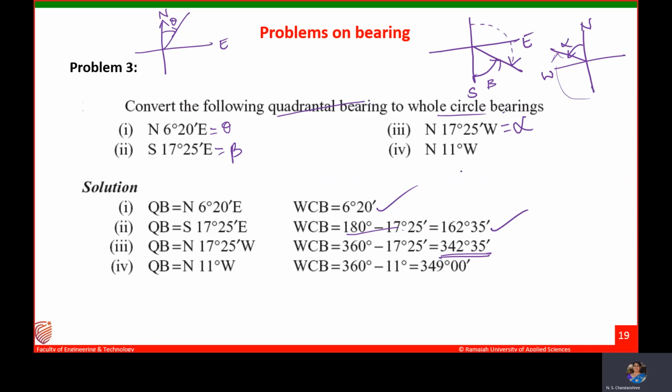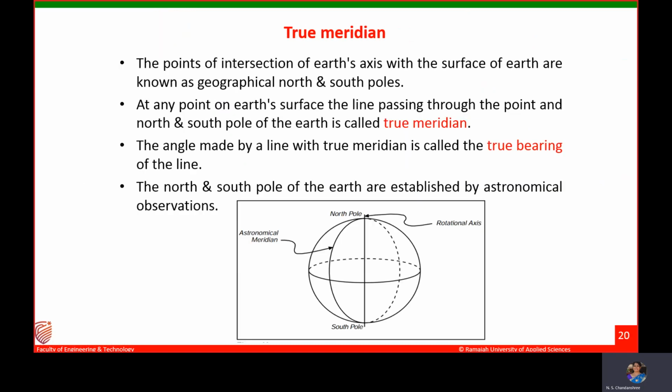Similarly, north 11 degrees west. So 360 minus 11 degrees will give 349 degrees 0 minutes. So this is about how to convert from whole circle bearing to quadrantal bearing and quadrantal bearing to whole circle bearing.